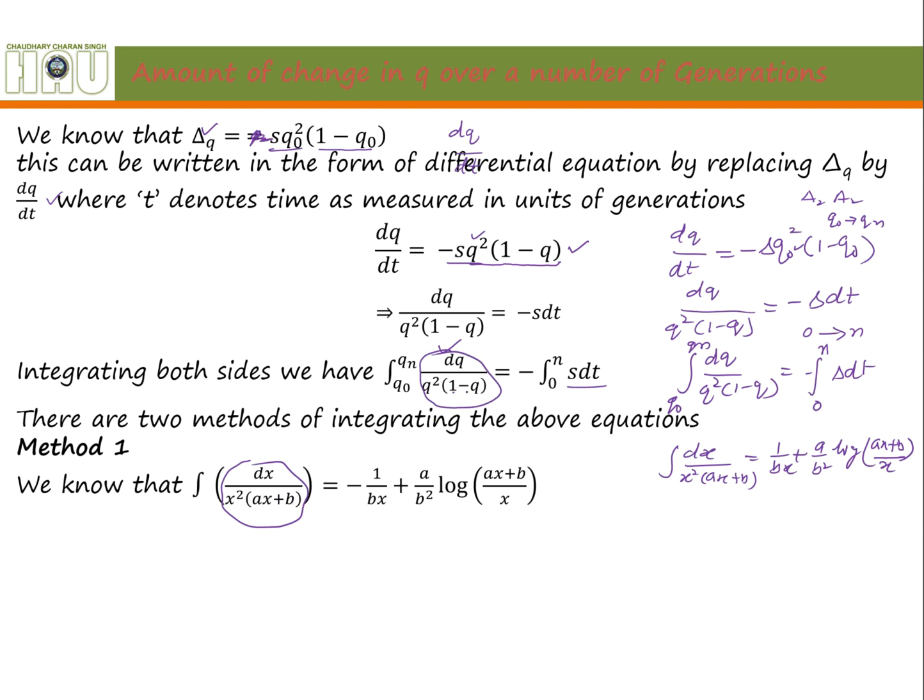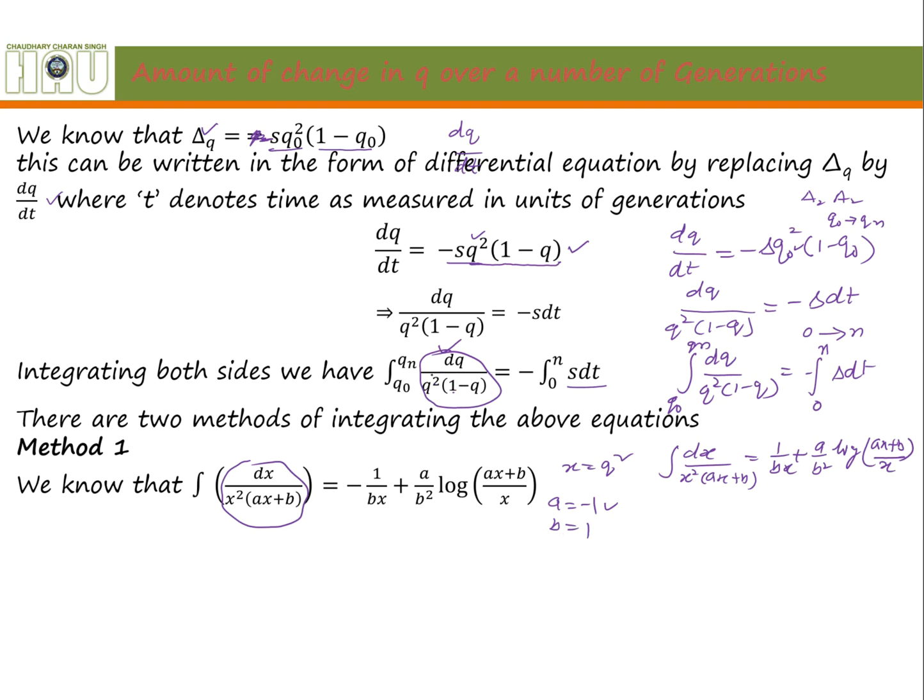Here, ax plus b. So I will get a is equal to -1, because this q is my x. I am taking x as q. So the coefficient of q is -1. So a is -1, and this b is +1.